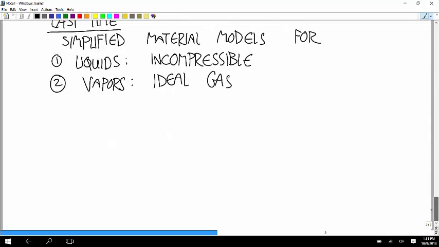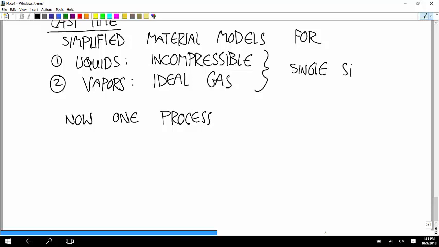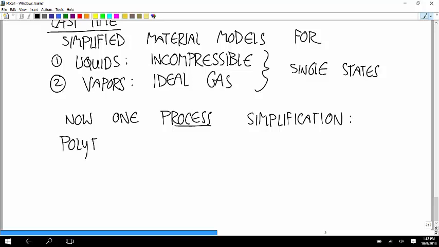And now we're going to talk about a simplification of a process. So those are both relationships between properties in states. So now one process simplification. And that is the assumption of a polytropic process.